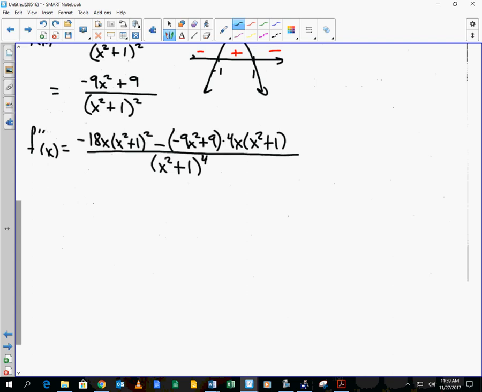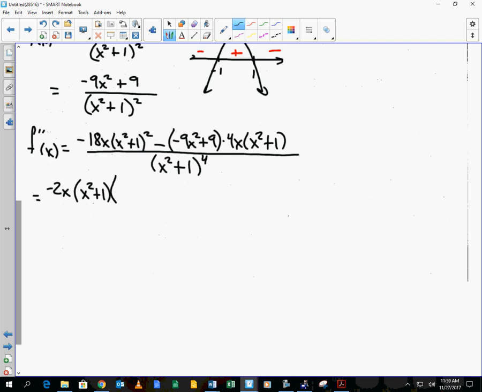What do you want to do now? All right, let's factor the top. What can you take out of the top? What can I take out of negative 18x and negative 4x? A negative 2x. Let's take out the negative 2x. What can you take out of x squared plus 1 squared and x squared plus 1? X squared plus 1. Looks like we have our common factor. Let's take out our common factor.